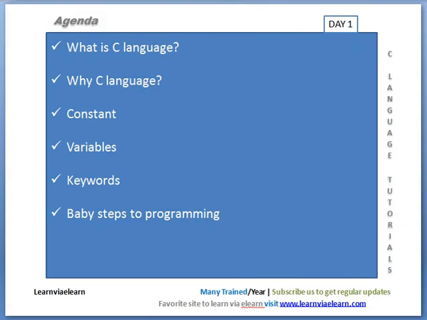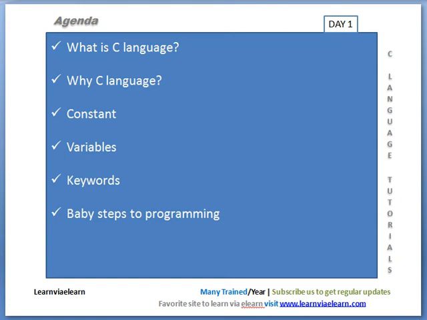Okay, now come to keywords. What is a keyword? Keywords are words whose meanings have already been explained to the C compiler. A keyword cannot be used as a variable name, because if we do so, we are trying to assign a new meaning to the keyword, which is not allowed by the computer.